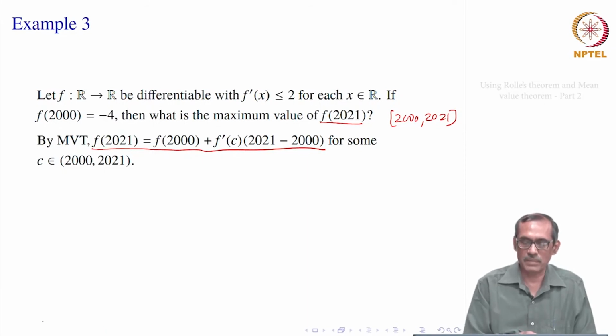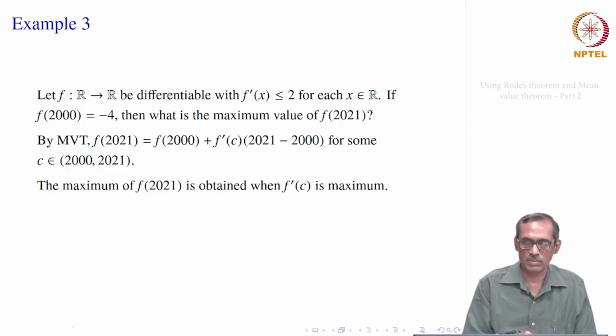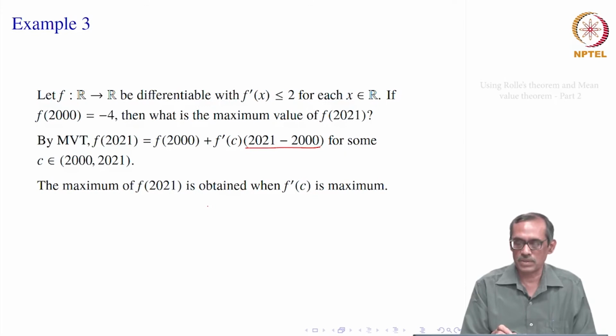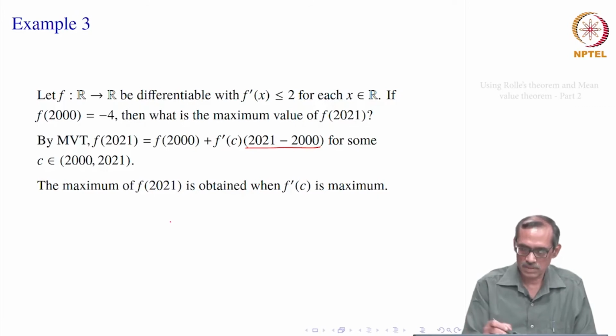Now, since f prime c is less than or equal to 2, we can have some estimate for f of 2021. You see f at 2000 is minus 4, it is some number, and f prime c is multiplied by a positive number, 2021 minus 2000. So, if f prime c becomes the largest, which is 2 here, then this expression will be largest.